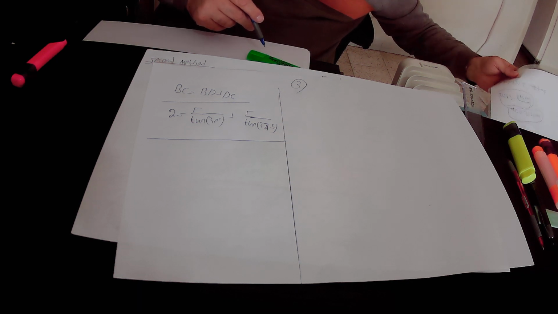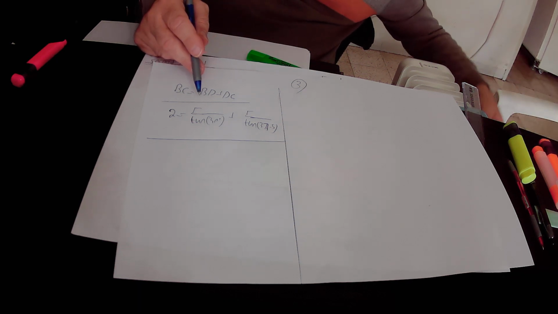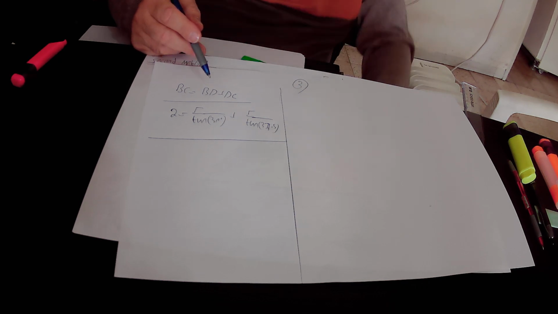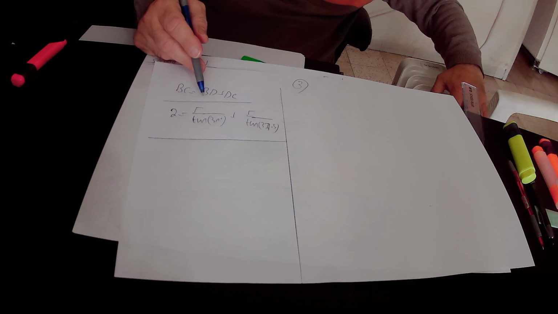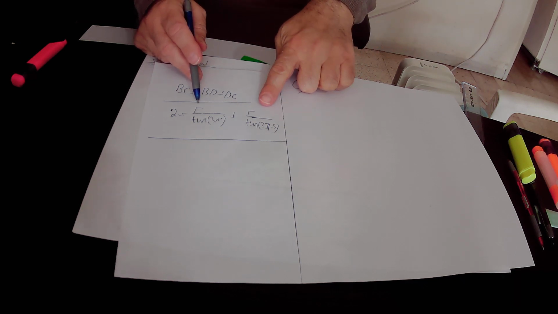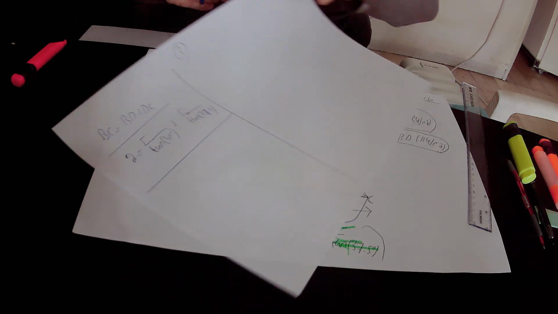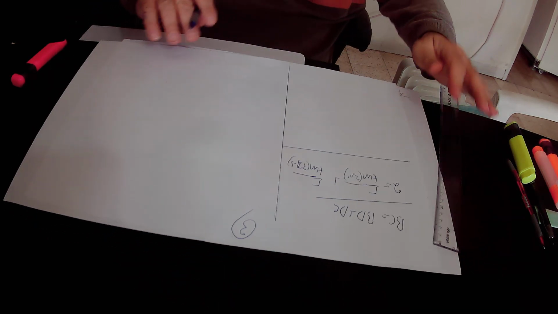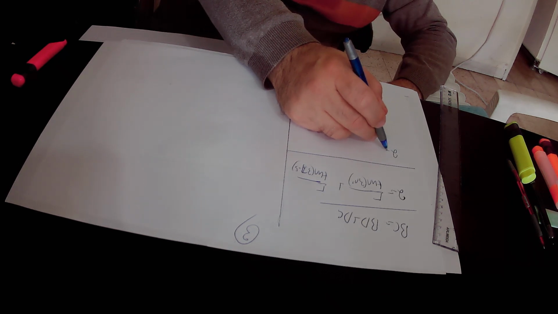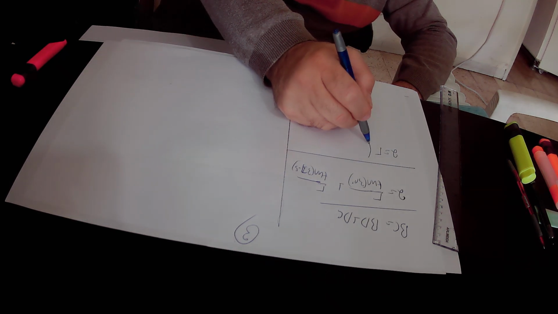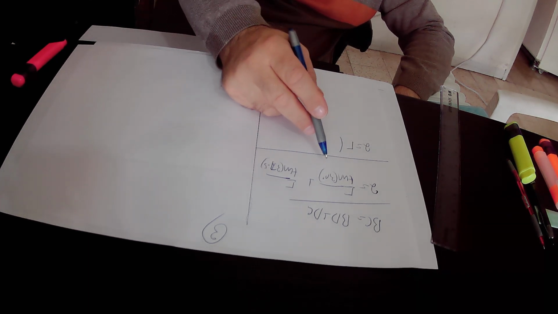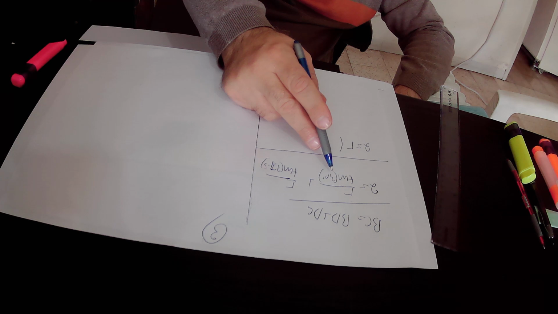So here we take R as a common factor out of those two expressions, and we get that 2 equals R, so R was taken out as a common factor. What is left from this expression after we took R as a common factor?